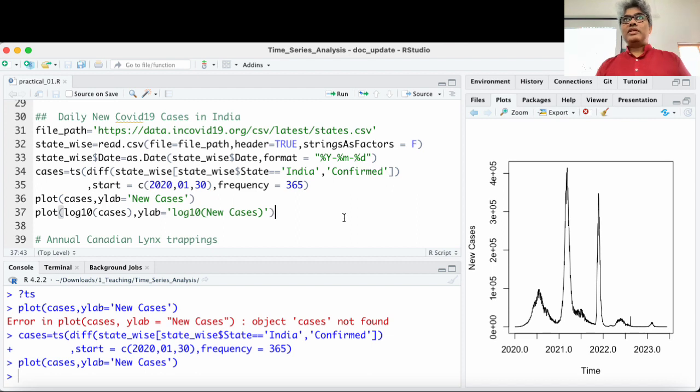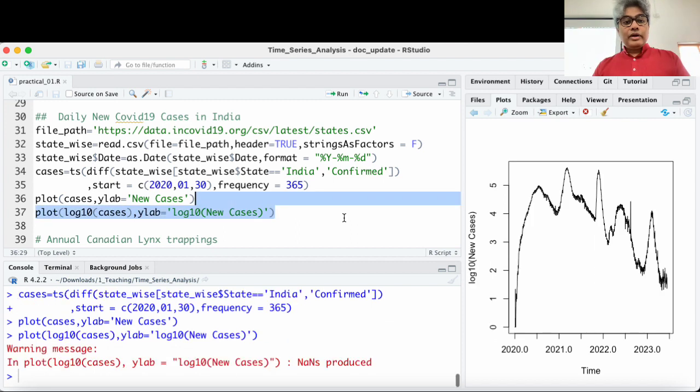Some of us have heard about it, but when we plot it in log base 10 scale, it is absolutely clear there was a fifth wave in 2023. There could be a sixth wave as well. We cannot completely ignore this, but there is a good chance that a sixth wave is coming, or may have come and gone, we don't know.